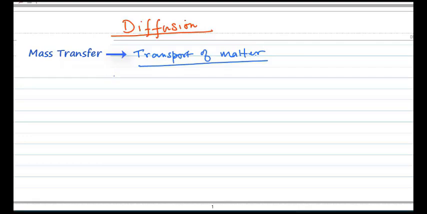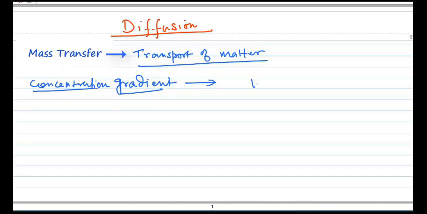So basically what we are saying is that you have a gradient in the concentration. This transport occurs under the influence of a concentration gradient, and therefore the transfer will occur from higher concentration to lower concentration.